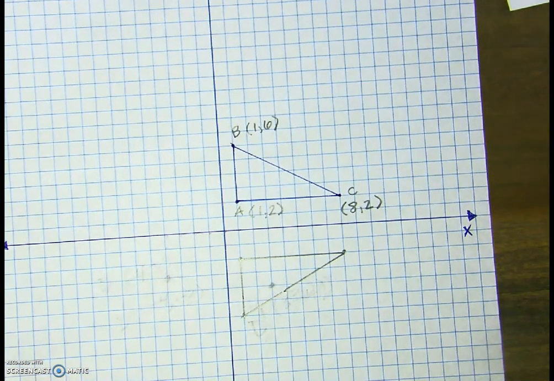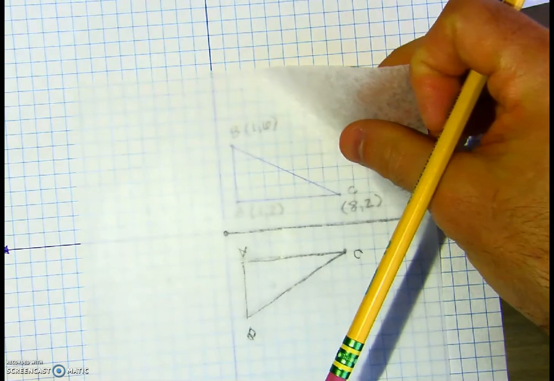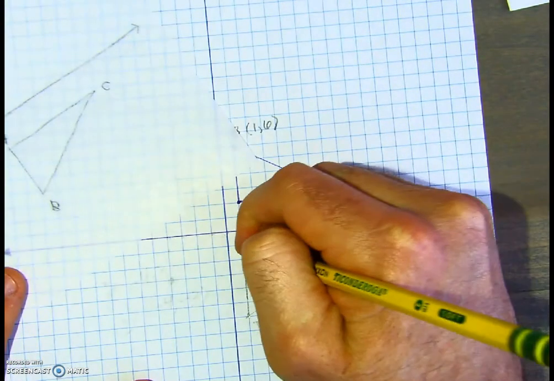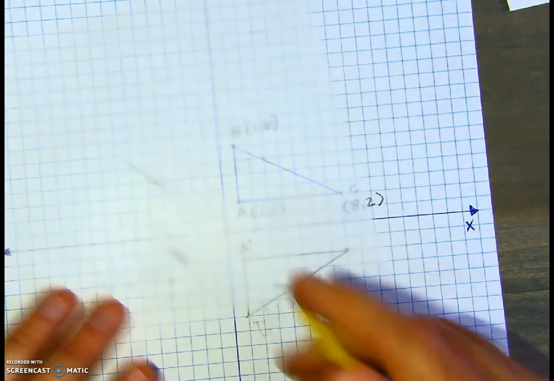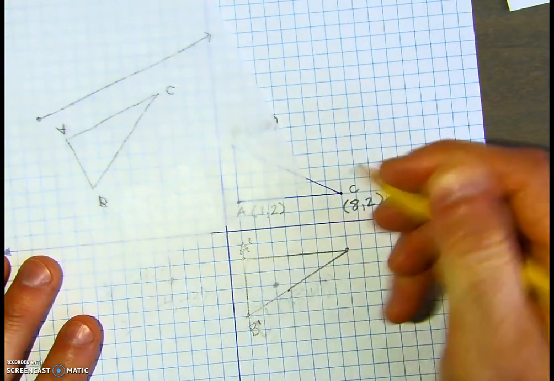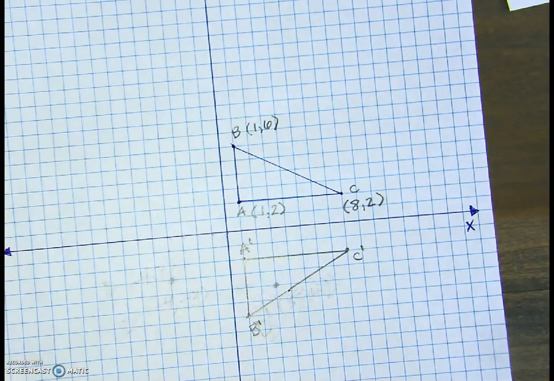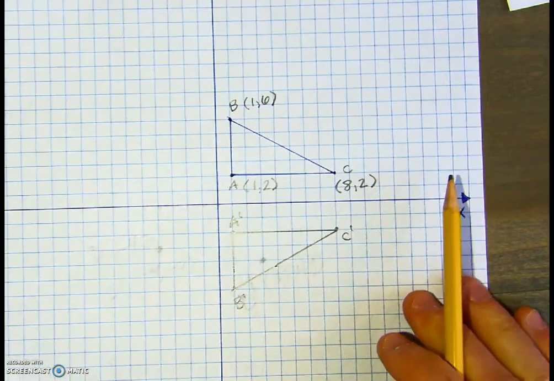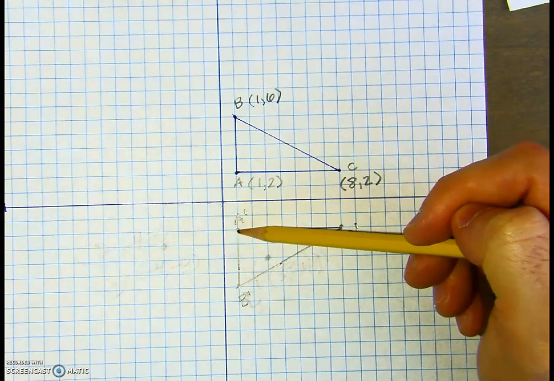And then, lastly, I want to mark these. So, let's see, this is now A prime. And this is now B prime. And this is now C prime. All right, since we don't have a rule yet, we can't apply it. We're going to have to do this the quote-unquote hard way, which would be to just simply find out what these new coordinates are.